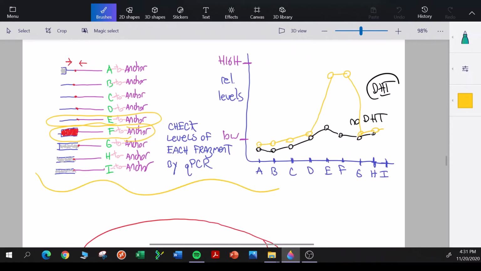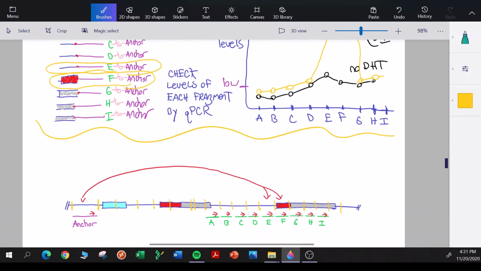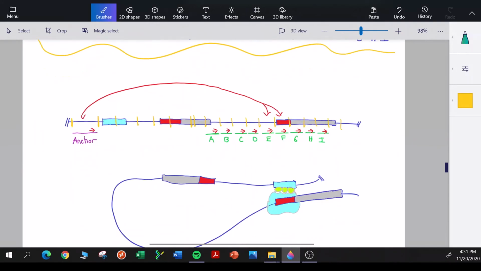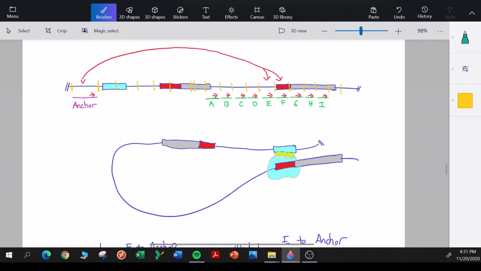Now, we're almost done. They do one more cool experiment, or two more cool experiments. Oh yeah, I forgot I diagrammed this for you. So those results are suggesting when the cells are treated with DHT that the cell brings this location over here close to the KLK2 gene promoter. And we have a diagram down here: the androgen receptor is bound to the enhancer.